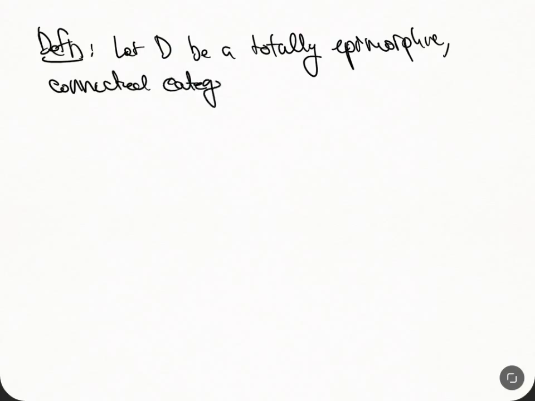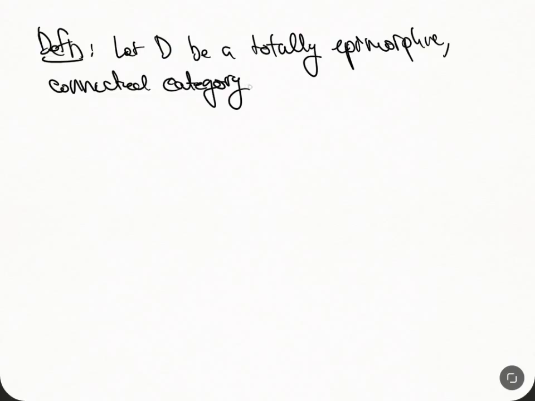So totally epimorphic just means every morphism is an epimorphism. I don't know why they say just totally epimorphic. So maybe someone can tell me what the difference is between an epimorphic category and a totally epimorphic category. Because I would think that an epimorphic category would be a category where everything's an epimorphism, but apparently that's what totally epimorphic is. So anyway, if anyone knows, please tell me.